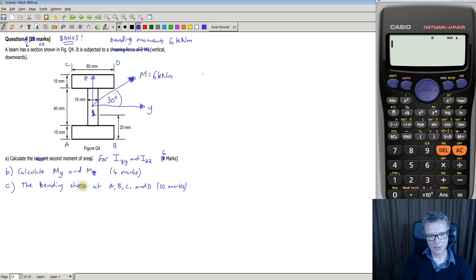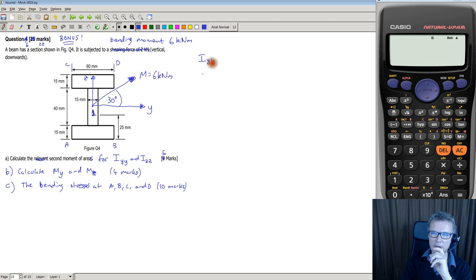Okay. Right, so for the IYY and the IZZ, how would we do that? Well, we've done that previously in question 4 for IYY, so that's along this axis here. And the best method for that was to use the void technique.